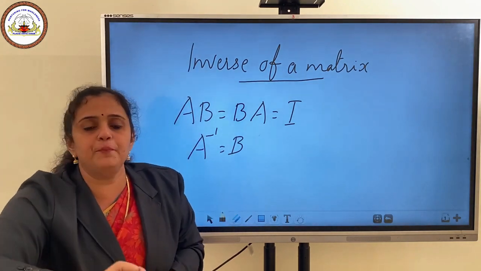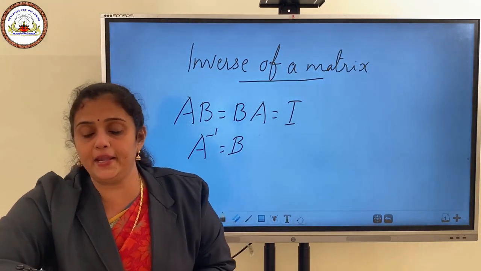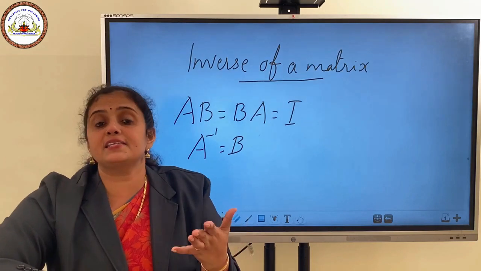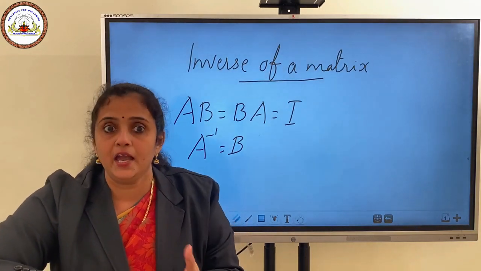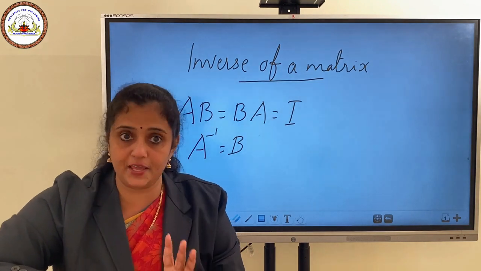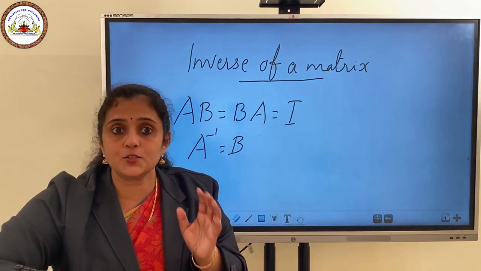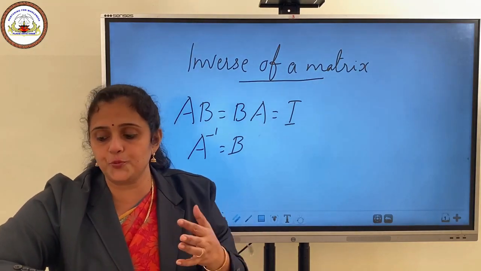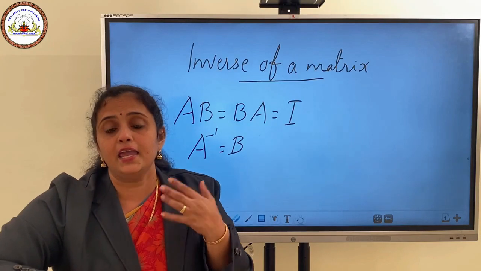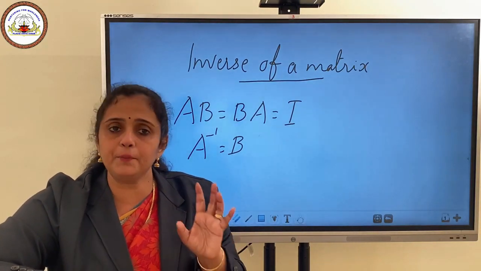For the inverse of a matrix, also some important properties are there. The first property is a square matrix A is invertible if and only if A is a non-singular matrix.